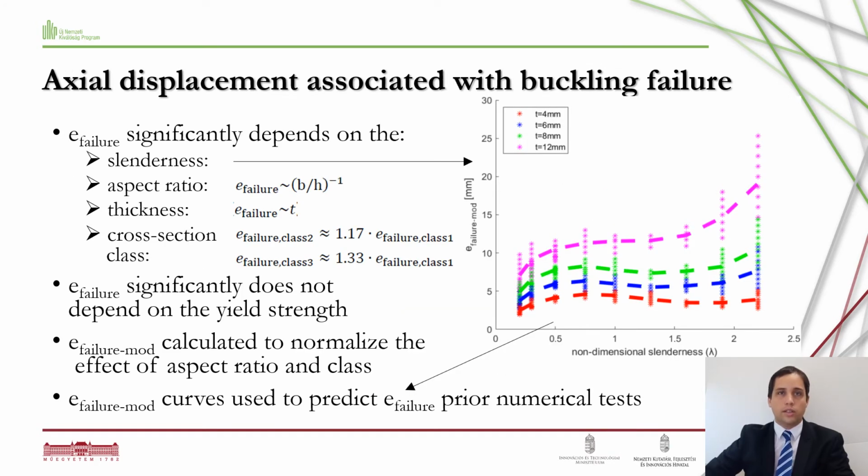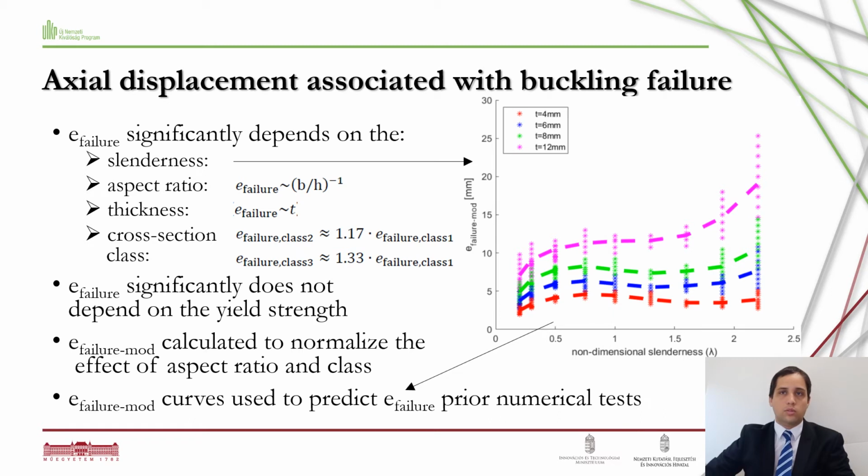In order to set up the parametric calculation program and get accurate enough results, it was needed to predict the axial displacement at failure for all the 6,500 cases. To do this, axial displacement at failure is analyzed and correlations are found.